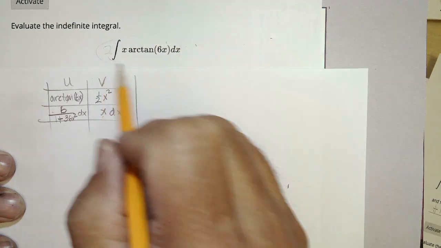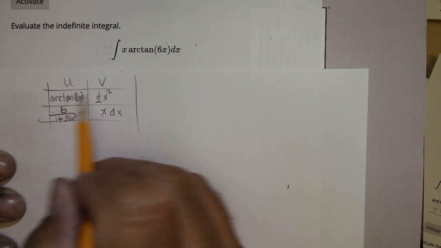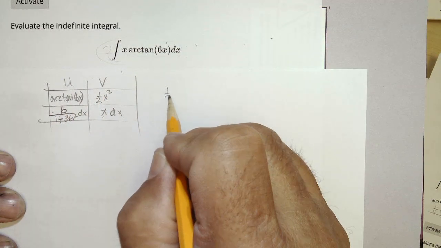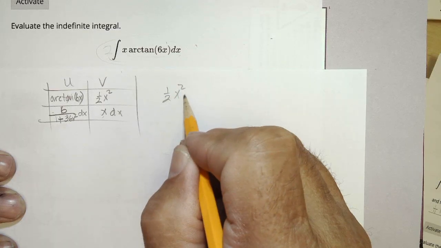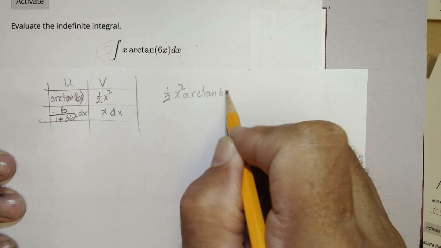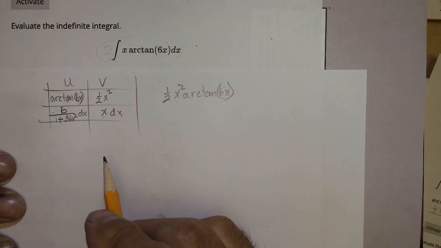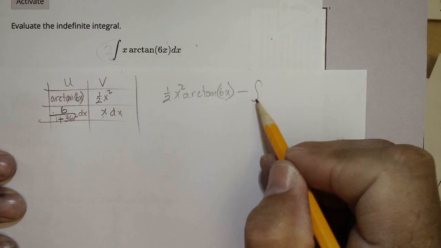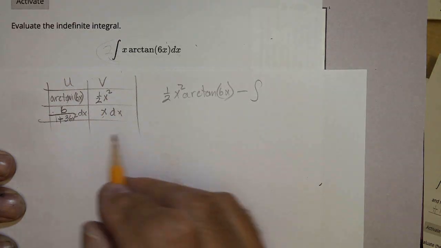So the antiderivative of this would be this times this, 1/2 x squared arctangent 6x minus the antiderivative of these multiplied.